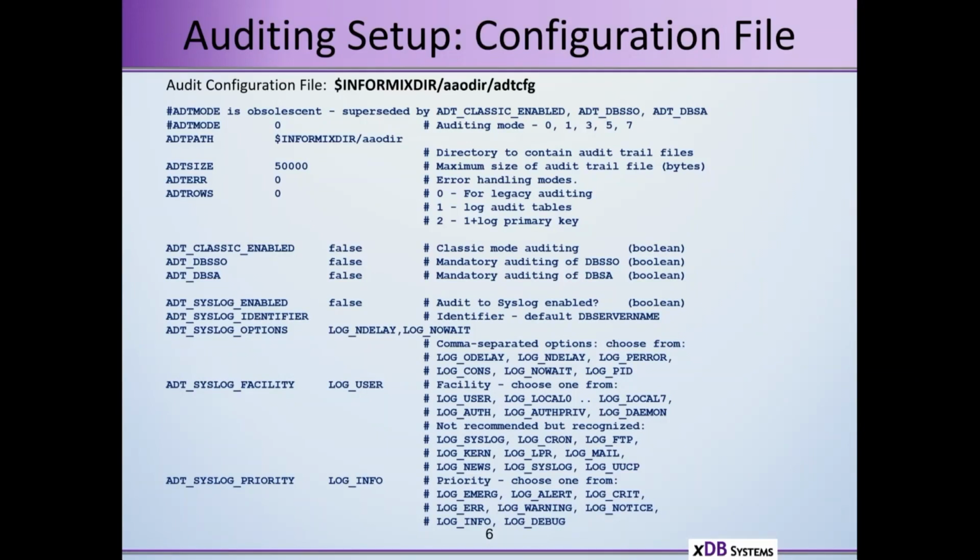All of these items you can also change online with that onaudit command. There's one option for each of these parameters in here. Now, if you used auditing prior to 14.10 XC6, this file was a lot simpler and a lot shorter. A lot of these options have been added in 14.10 XC6 for auditing to syslog.